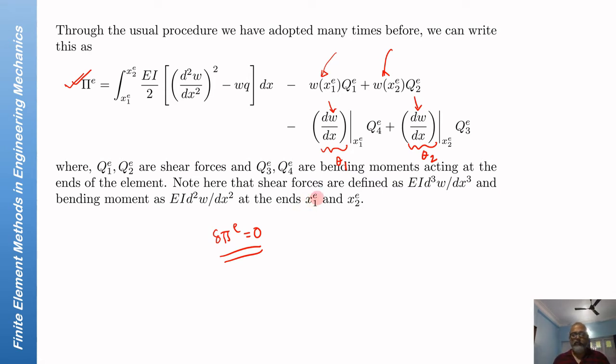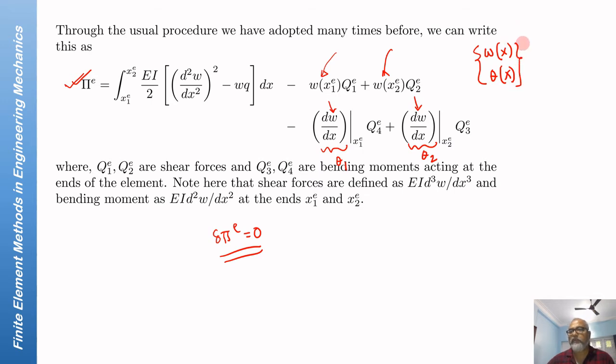But for the finite element formulation to succeed, we now need the shape functions and the strain displacement matrices. So what do the shape functions do? The shape functions connect the nodal degrees of freedom to the value of the degree of freedom at any point. That means, there are two degrees of freedom, Wx and theta x.